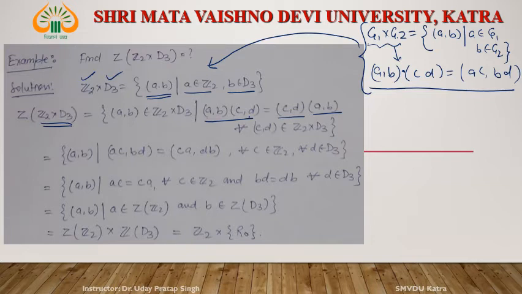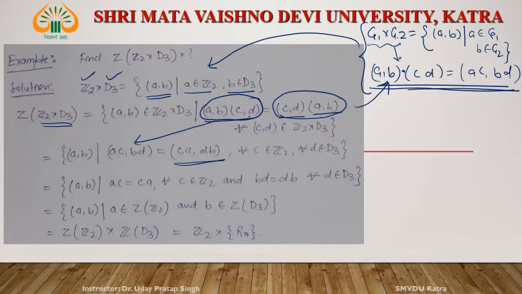Right? Then what is this? By this definition, this is ACBD. And what is this one? Using this definition, this is CA and DB. Okay. Right? Then what is AC? AC equal to CA. Two ordered pairs are equal, means x1 y1 equal to x2 y2.